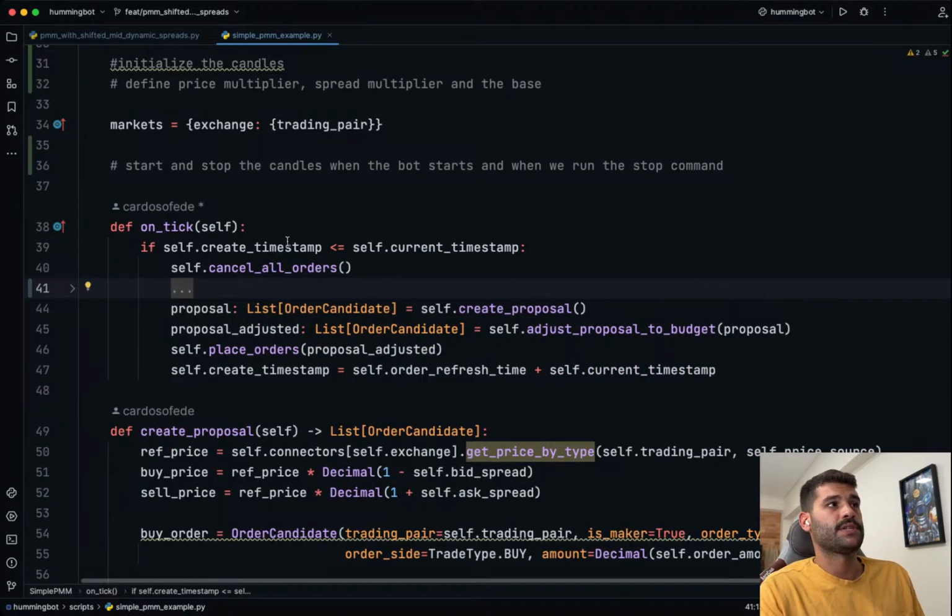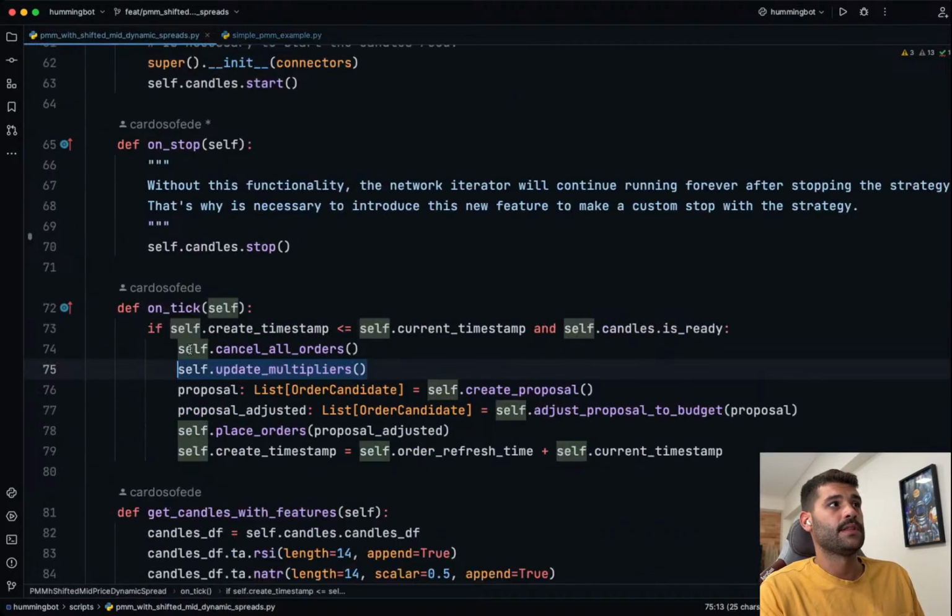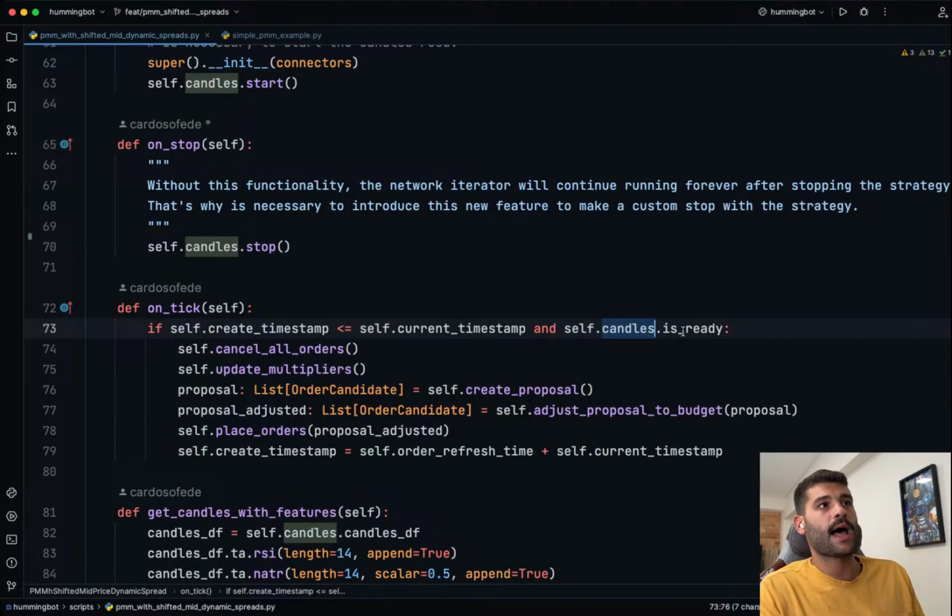Also here we are adding this feature, self.candles.ready, because the candles object has a property that is ready. If you don't have all the information collected, you cannot compute the technical indicators. So before starting the bot, we would like to see if we have all the information necessary to start.